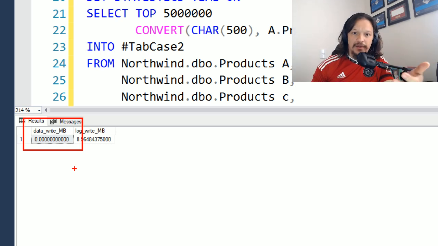And why not? Because the whole reason for writing dirty pages into the data file and the log file is to recover the data later, right? But in the case of tempdb, there is no reason to recover the information in case of a SQL Server restart or reboot, because tempdb is going to be recreated.